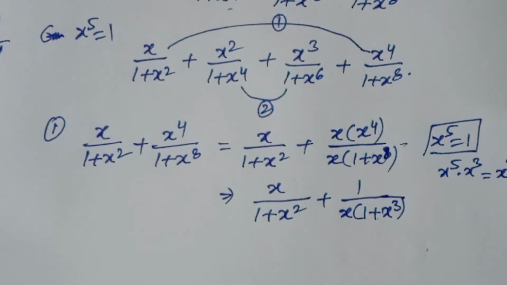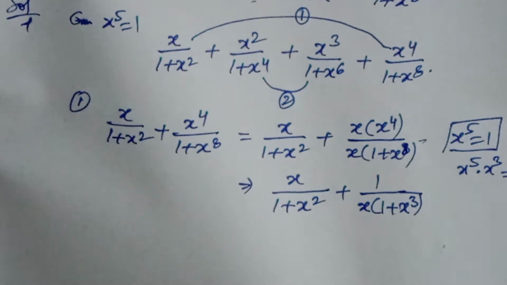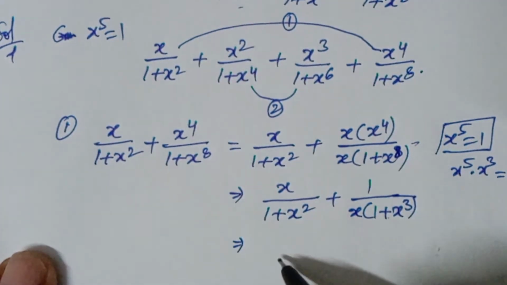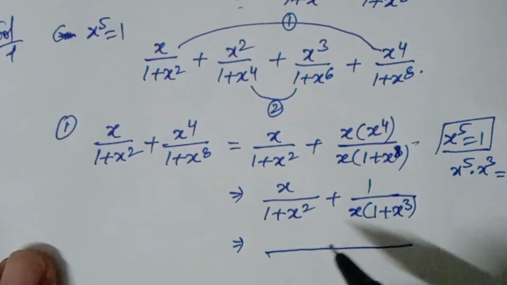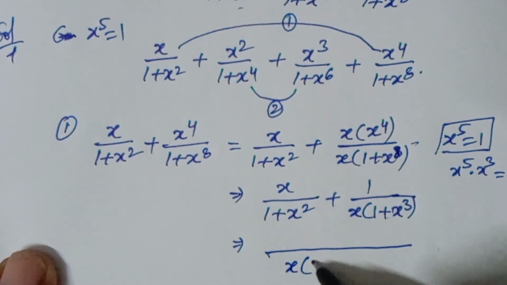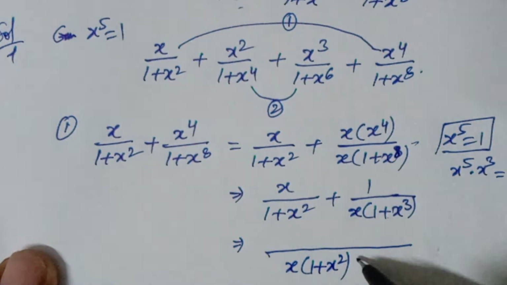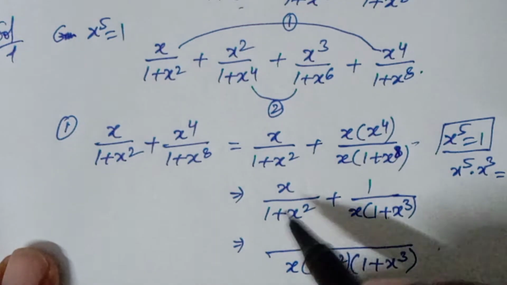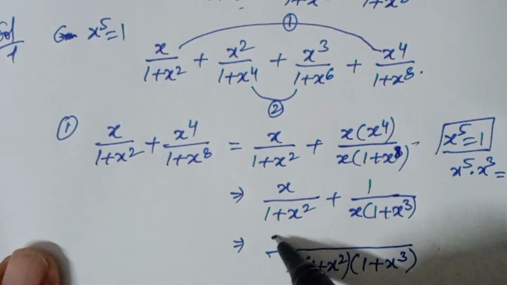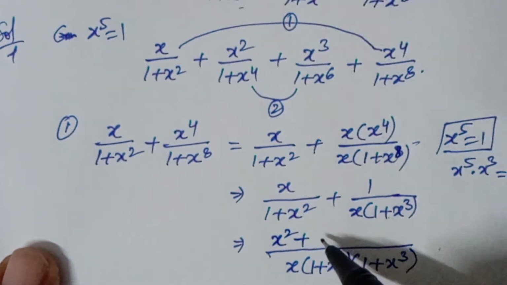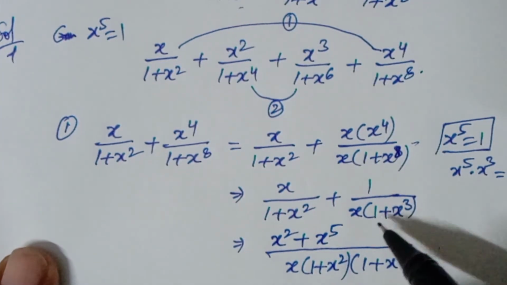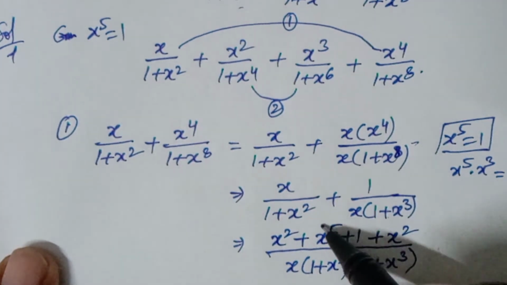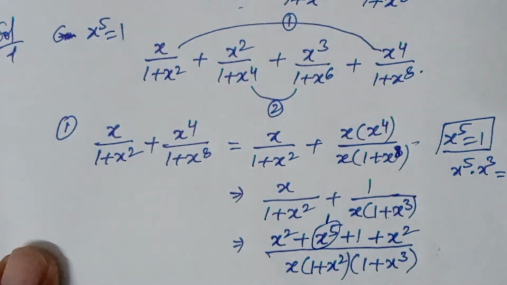So it is a logical problem. Here you have to take the LCM. What will we get as the LCM? x into 1 plus x square into 1 plus x cube in the denominator. The numerator will be x square plus x to the power of 5 plus 1 plus x square. Here also x power 5 value is 1.